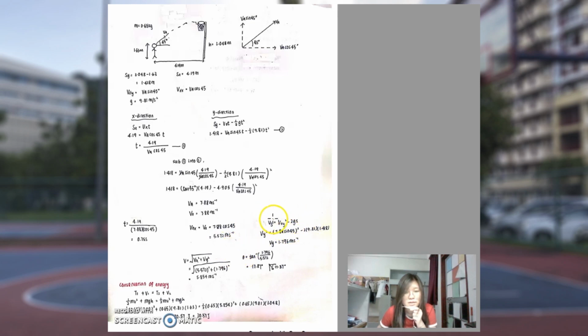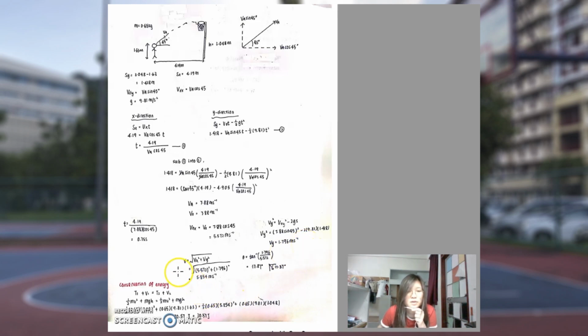And for the velocity in the y direction, we will be using the formula Vy squared equals V0y squared minus 2gs. So Vy squared equals (7.88 sin 45) squared minus 2 multiplied by 9.81 multiplied by 1.418, and we'll get the velocity in the y direction, which is 1.796 meter per second.